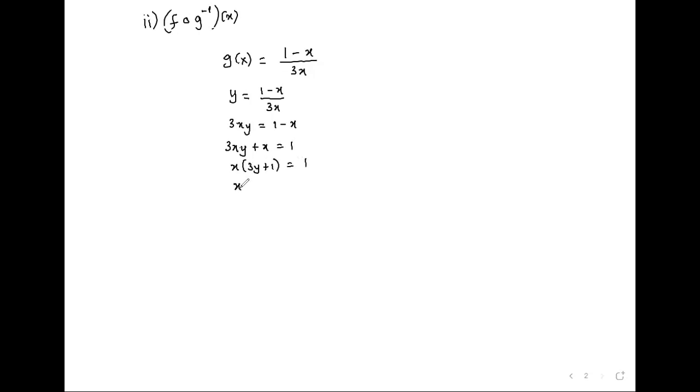And then we get x is 1 over 3y plus 1. So g inverse of x is actually equal to 1 over 3x plus 1. Like that.